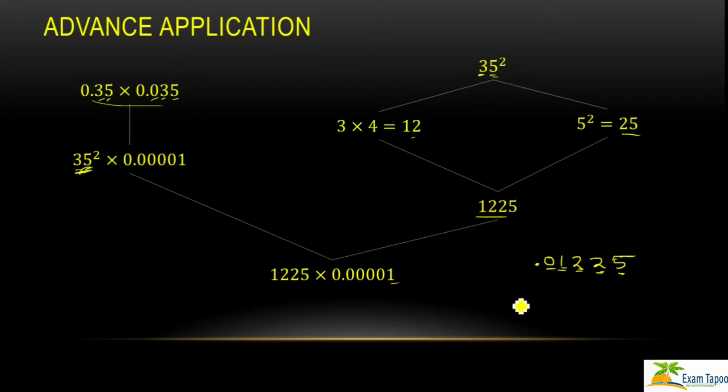So the result comes out to be 0.01225. Okay, 0.01225, because I have only 4 digits, but I have to add a 0 just before the 1, so that this number of decimals can be contained in this single number. Okay, so it's 0.01225. This would be your result.